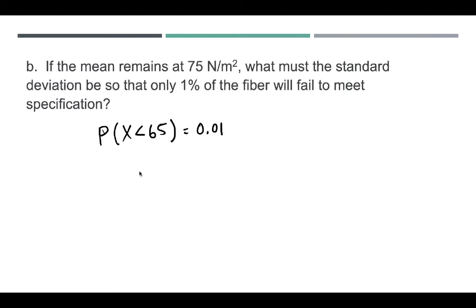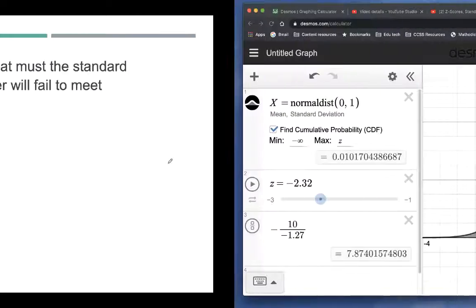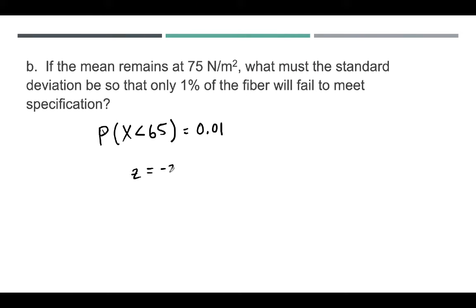So we want a z equal to -2.32. And what must the standard deviation be? We can change the standard deviation again. We're going to use the same formula from before. We know what our z is going to be, -2.32 now. That part has changed. This part hasn't changed. It's still 65 minus our mean. But our sigma is going to change now.